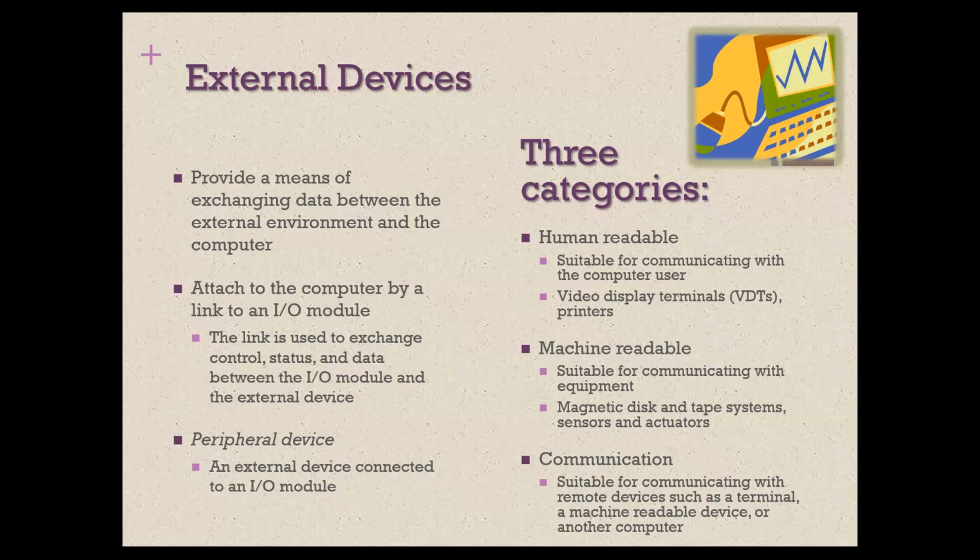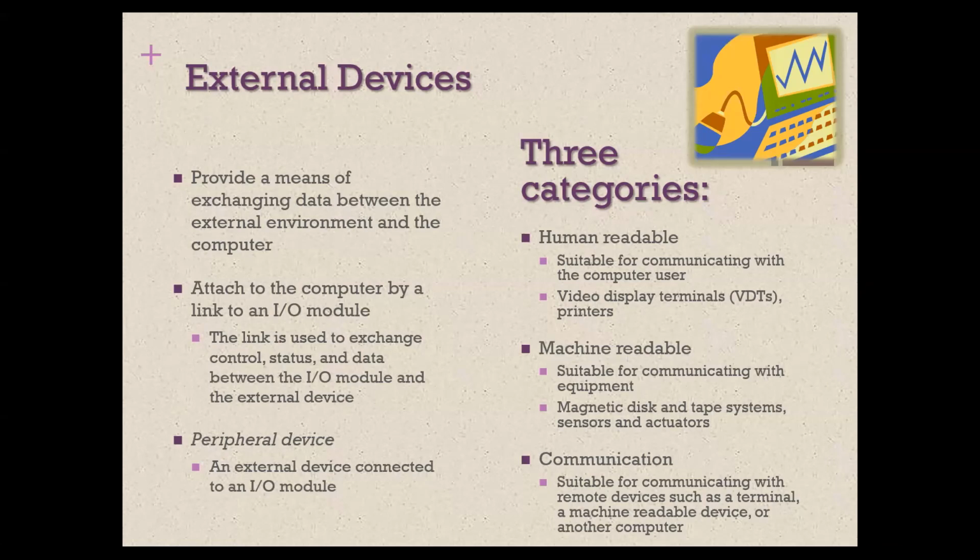So we can broadly classify external devices into three. We have human readable, which is suitable for communicating with the computer user. We have machine readable, which is suitable for communicating with equipment. And then we have communication, which is suitable for communicating with remote devices.